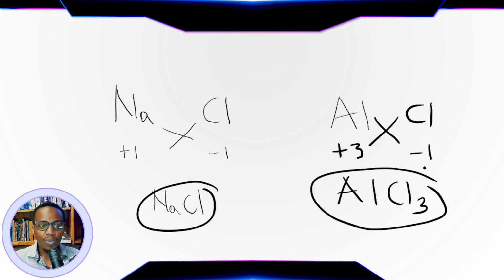Now, we also learned how to do this even when you have polyatomic ions, right? So if you have, let's use sodium again, but in this case you have sulfate, which is SO4 2-.